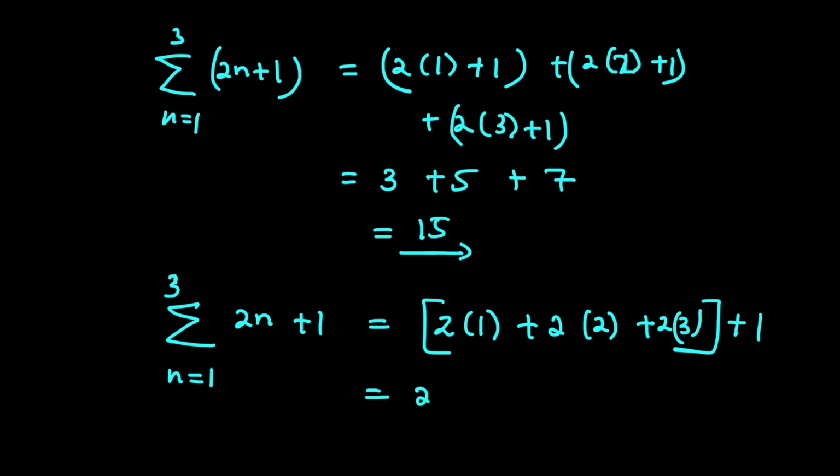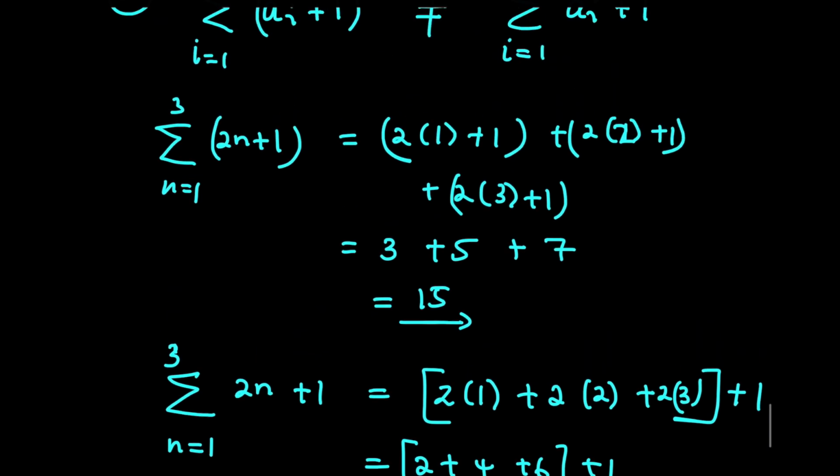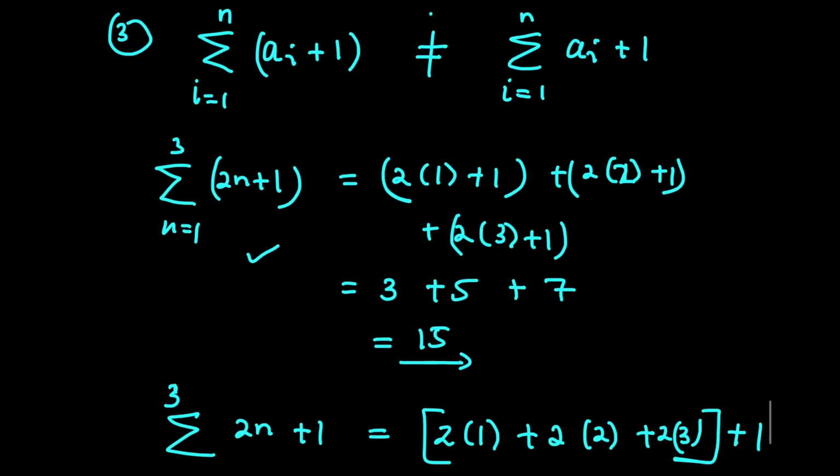So 2 times 1 is 2, plus 4, plus 6, plus 1. So this is going to be 12 plus 1, which is 13. So it actually proves that you should be careful of what you are given. This is not equal to each other.